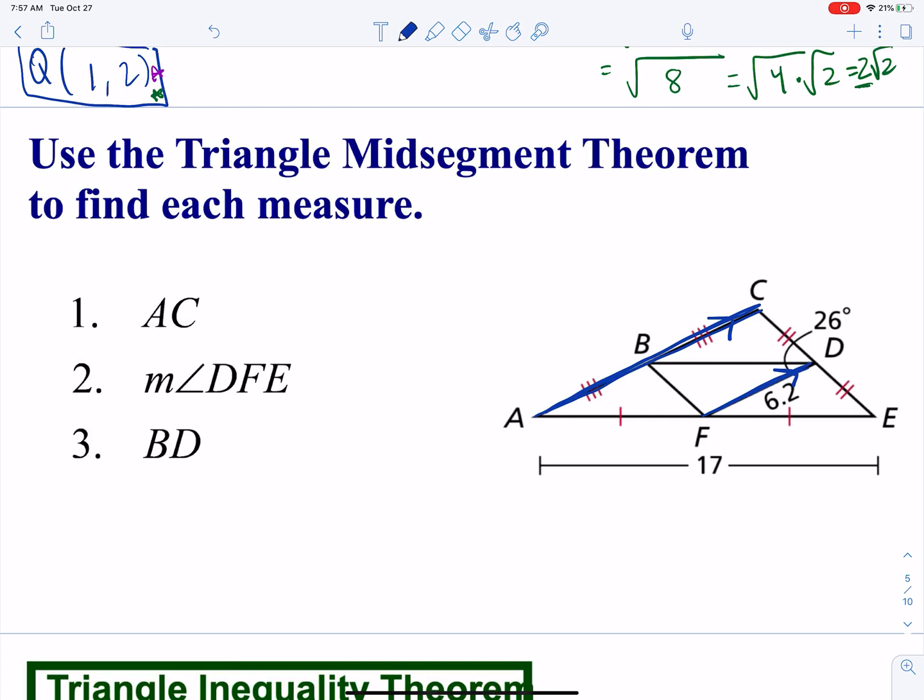So we know AC is the third side related to midsegment FD. So if FD has a length of 6.2, that means AC would be double that, and it would be 12.4.